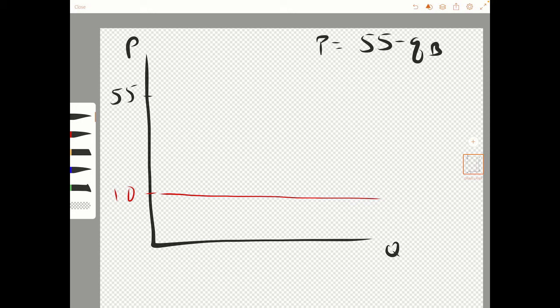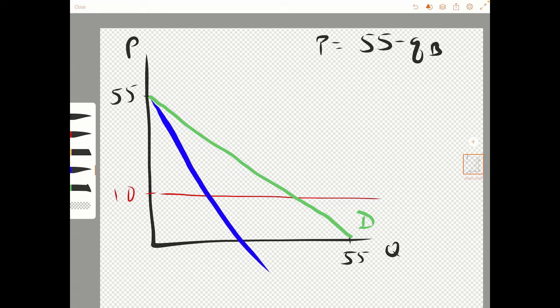The slope is 1 or minus 1, so that means that we're going to intercept our x-axis down here at 55. So all we do is connect those dots, and that is the demand curve that is faced by Boeing, firm 2. We know the marginal revenue is going to split this angle here. It's going to bisect. It's going to be twice as steep.